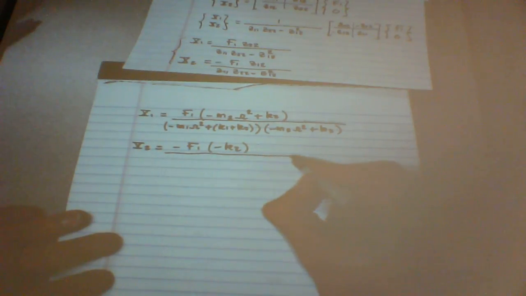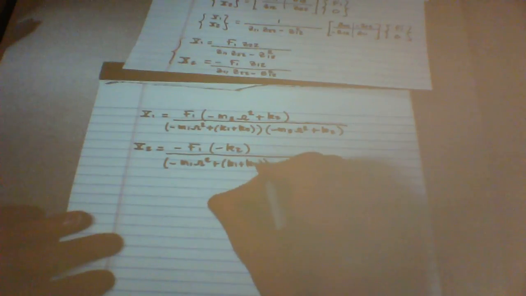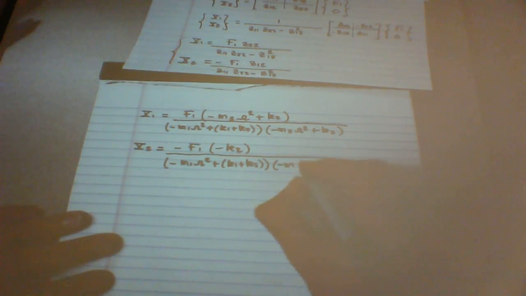And x2 will be equal to minus f1 z12, which is minus k2, divided by the same denominator.